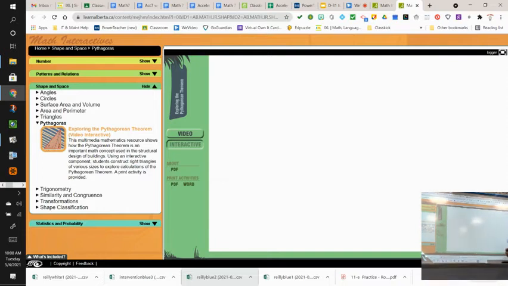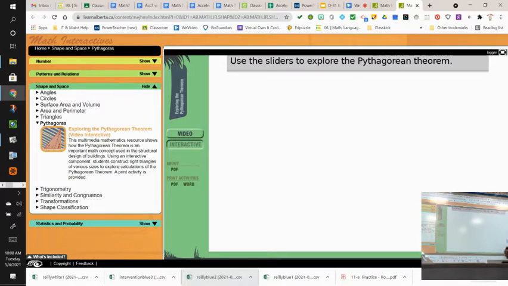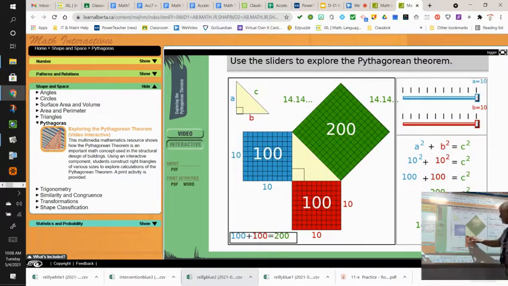And if this comes up correctly here, which hopefully it will shortly, we can see a picture where the legs, so if the leg is 10, then 10 squared is this blue square, the area of this square, and the area of this square. And there are ways that you can break these apart and show that they fit into this square of the hypotenuse. This picture lets you change the lengths of a and b, the two legs.